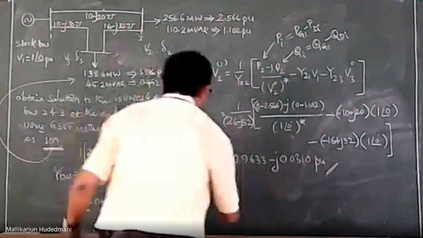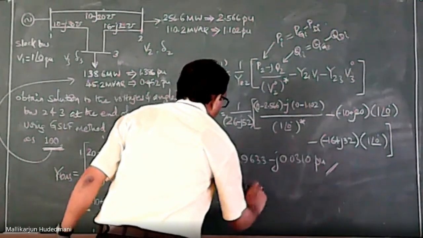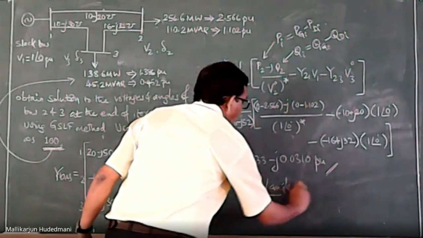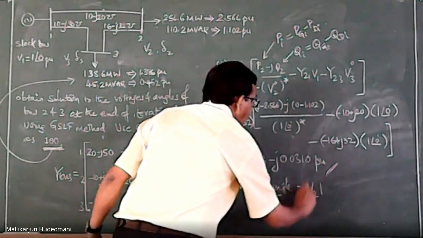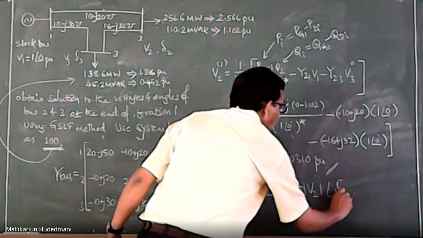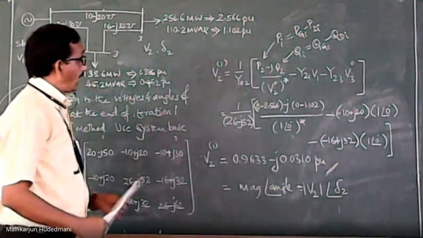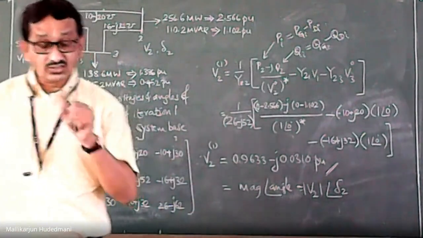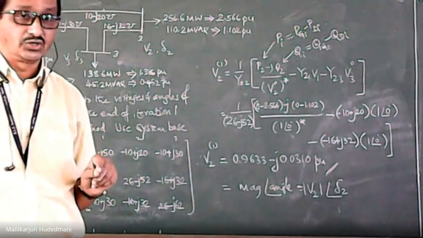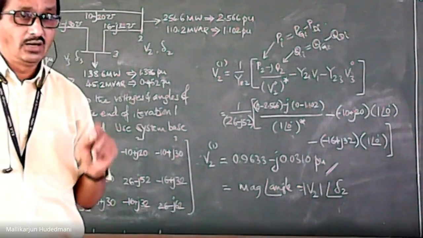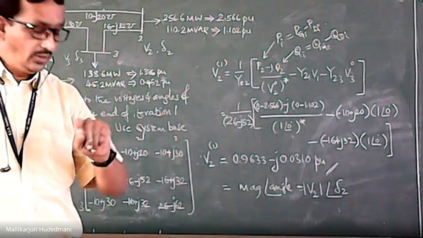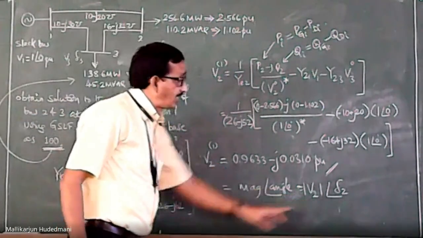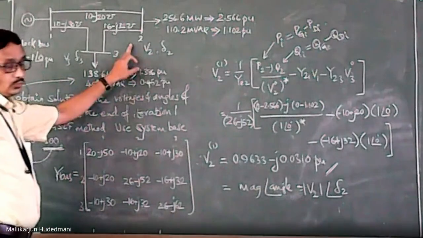You put this in polar form, magnitude and angle, which is V2 magnitude and angle delta 2. I have not done it in polar form, so I request you to please do the polar conversion. Then I will have the magnitude of V2 as well as angle delta 2. So this is my standing point for bus number 2.